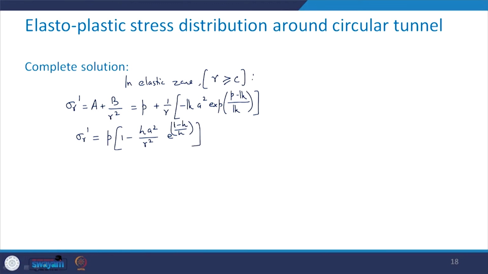Here I have substituted this kappa as h into P, and therefore you will get this form.